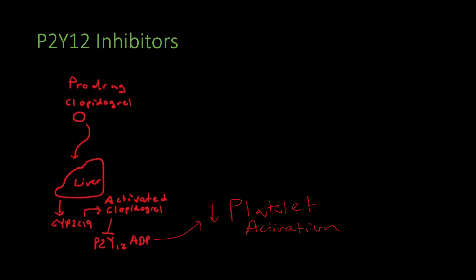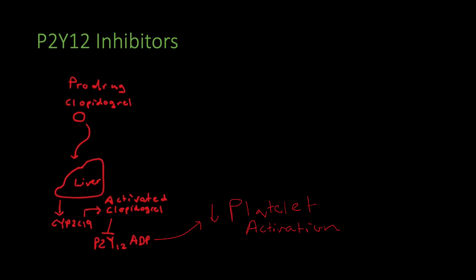And then P2Y12 inhibitors. This one is a little bit different. Instead of working in the blood vessel, it does go through the liver. And the medication in this case is clopidogrel. Prasugrel is another medication in this same class of medication. They are both prodrugs, and they have to go through the liver and get metabolized and activated by a CYP enzyme.